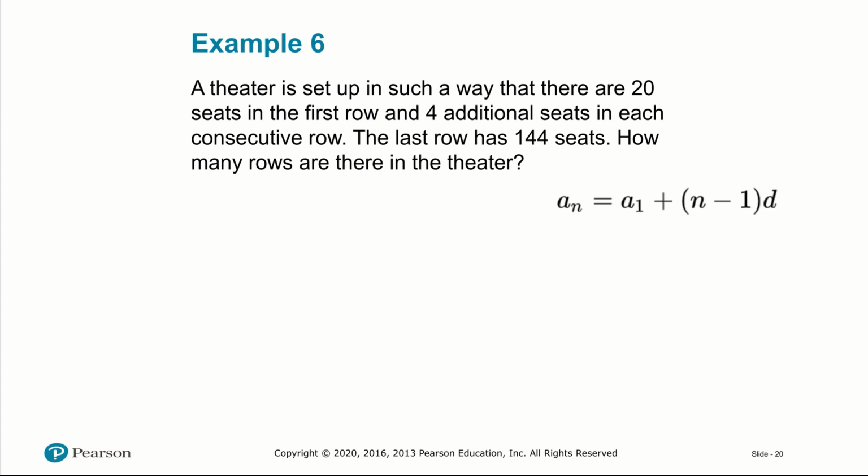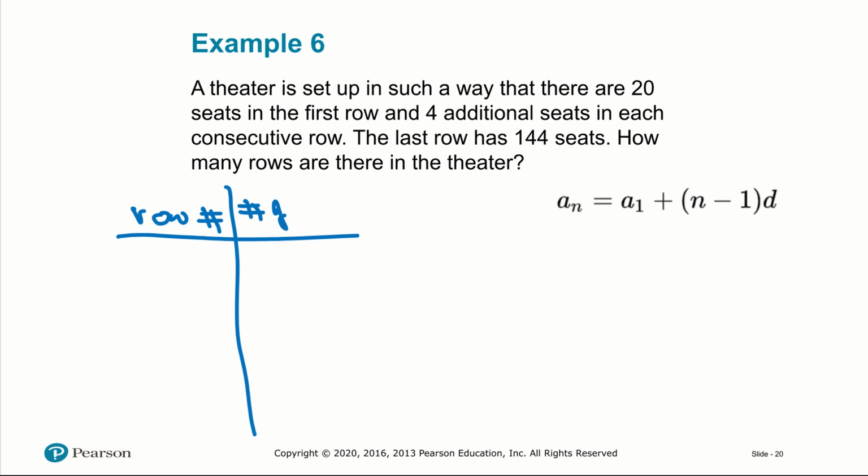So if we just set up a nice table, I want you to really get comfortable with setting up tables because they can be of tremendous help in mathematics. So let's set up our table like this. We're going to talk about the row number and the number of seats.